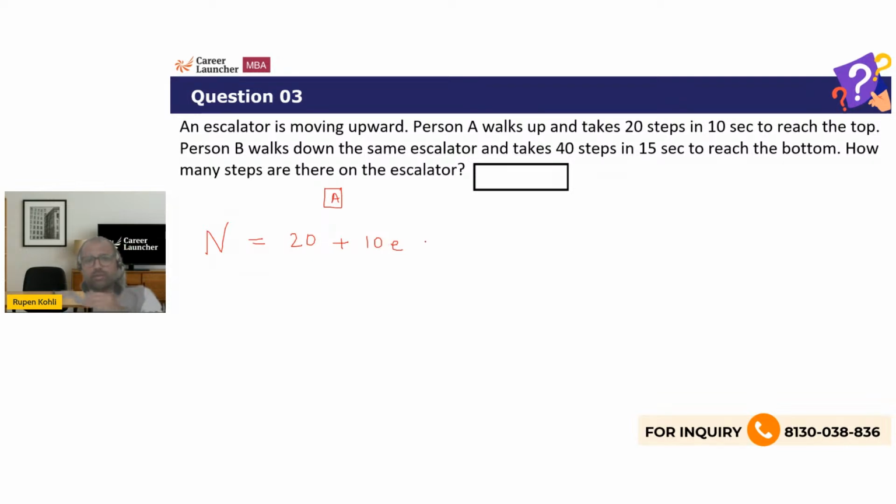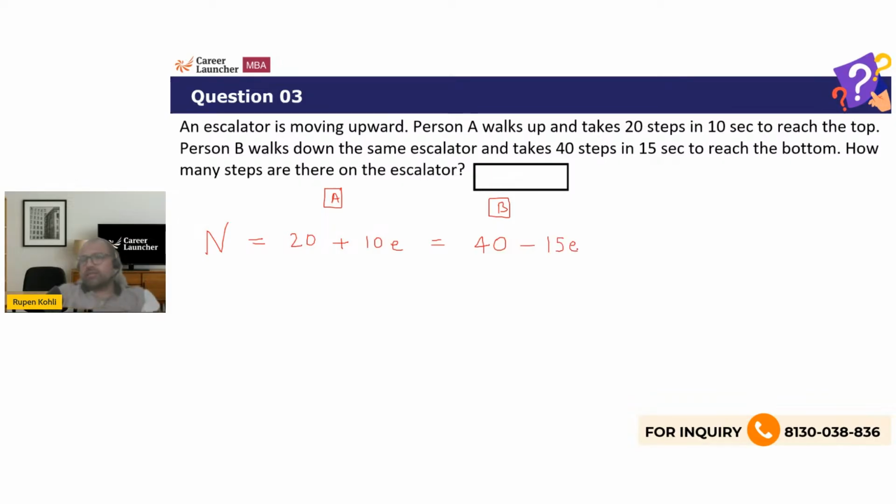And we can also equate the same number of steps for person B, right? For person B, he has taken 40 steps and he will be pushed behind by the escalator by 15E. His journey lasted 15 seconds, so 40 minus 15E, right?